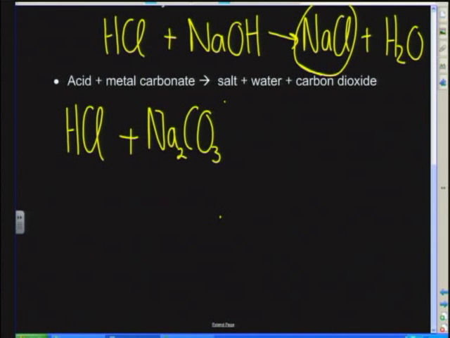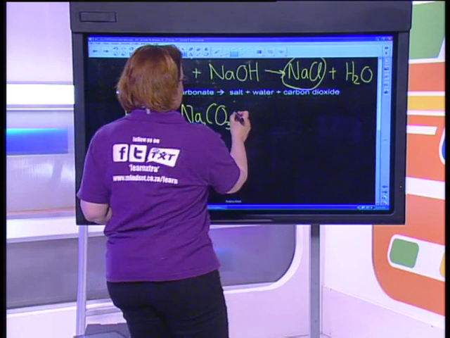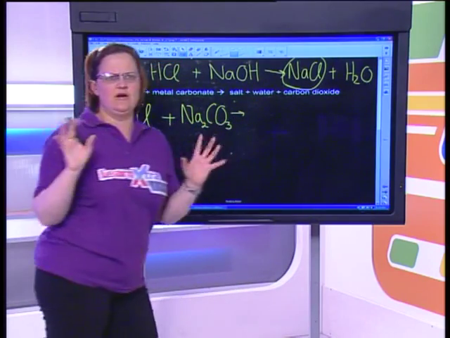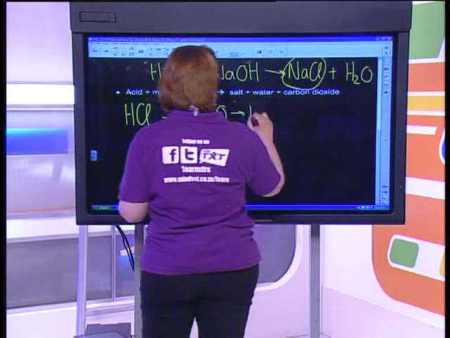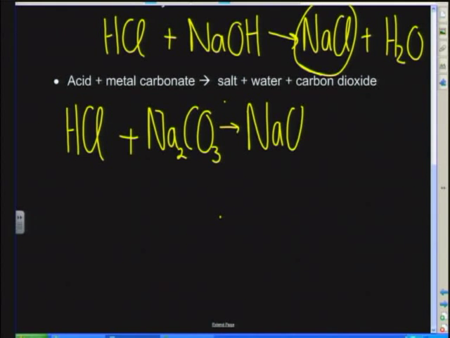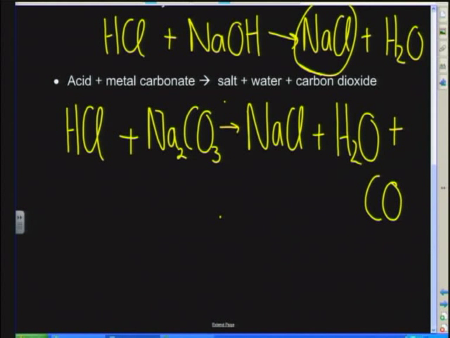Now, the reaction says I'm going to get salt, which hopefully you guys are screaming at the TV going, no, I know what it's going to be. Sodium chloride, absolutely, NaCl, plus water, H2O, plus carbon dioxide, CO2. And to balance it, I need a 2 in front of here.